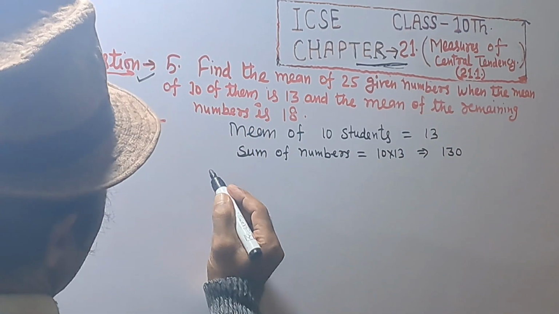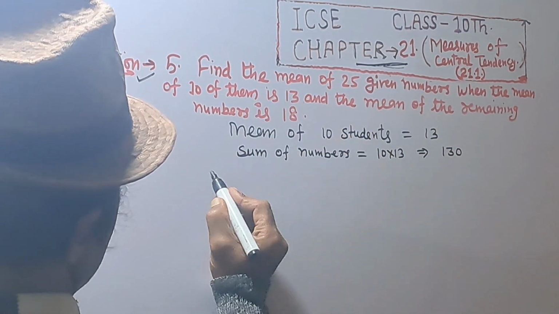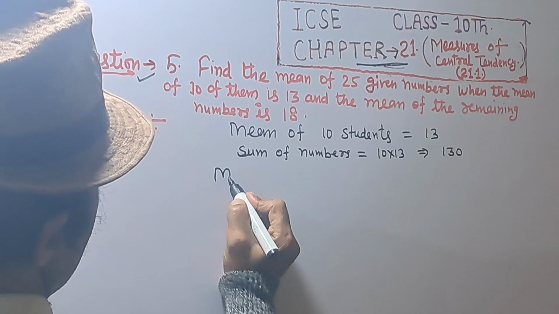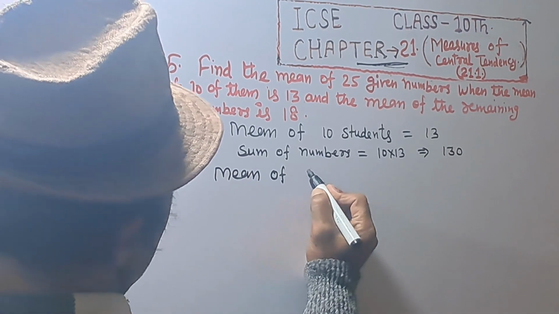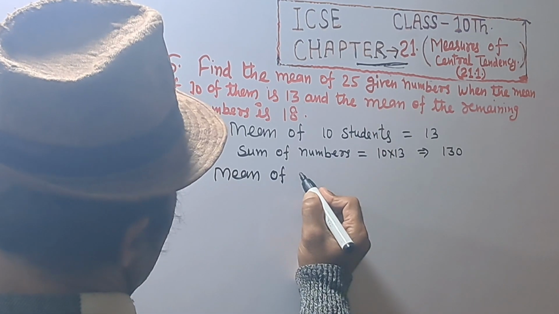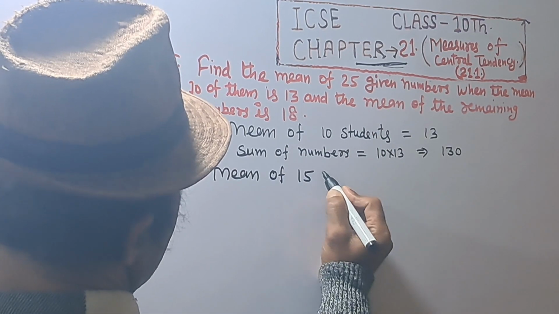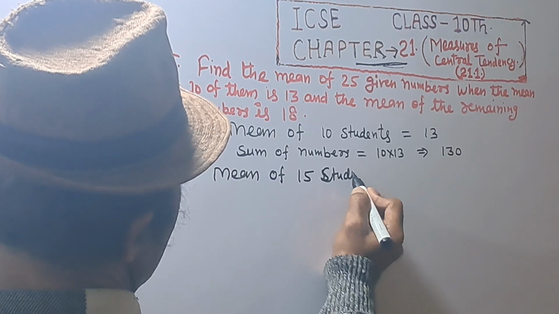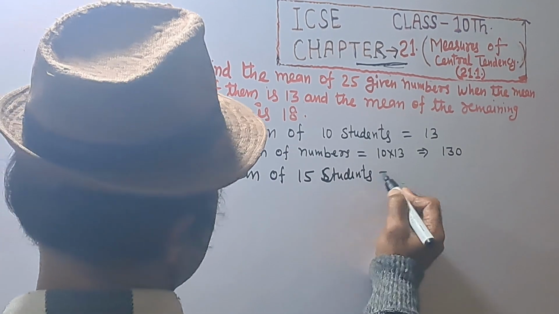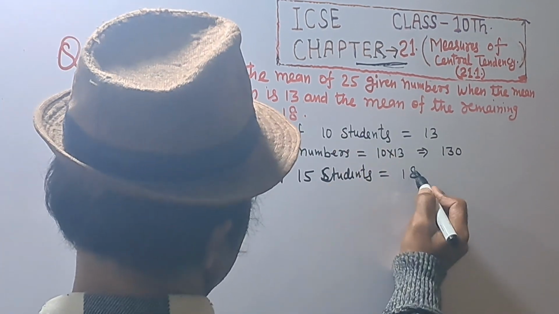Mean of remaining numbers, that is mean of 15 students is equal to 18.